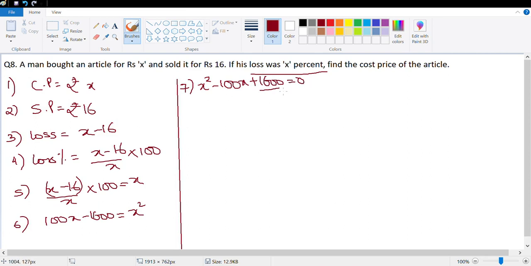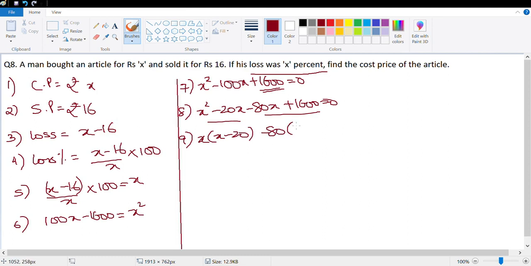We need to find factors of 1600, the sum of which is 100. That would be 80 into 20. Yes, so negative 80 into negative 20. So x square minus 20x minus 80x plus 1600 is equal to 0. Grouping it the way I have underlined, x times x minus 20 minus 80 times x minus 20 is equal to 0.